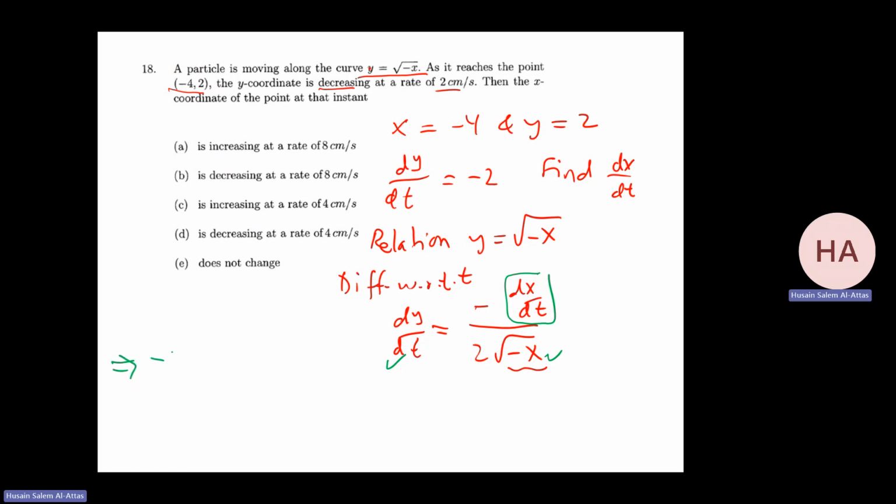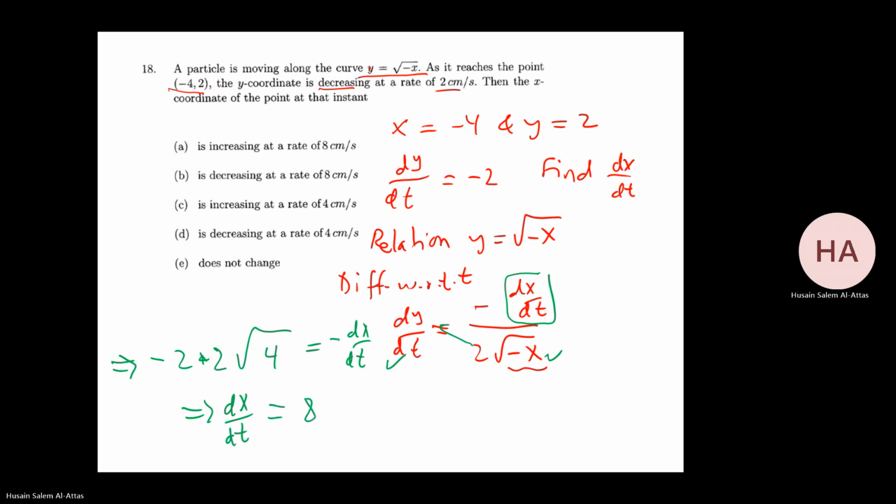I have -2 times 2 square root of 4, that will be minus dx by dt. So minus with minus cancelled, and I have dx over dt equal 8. So it's increasing at a rate of 8 centimeters per second.